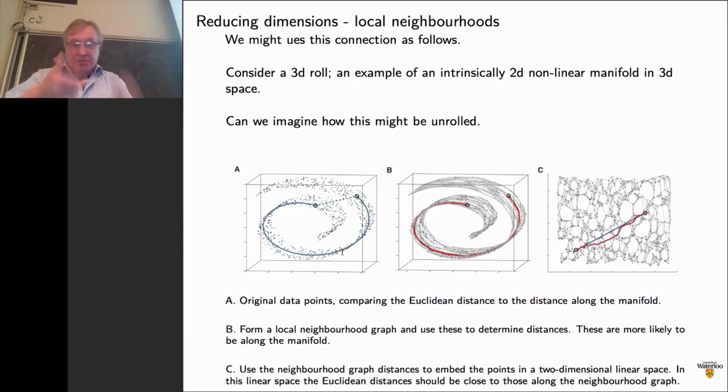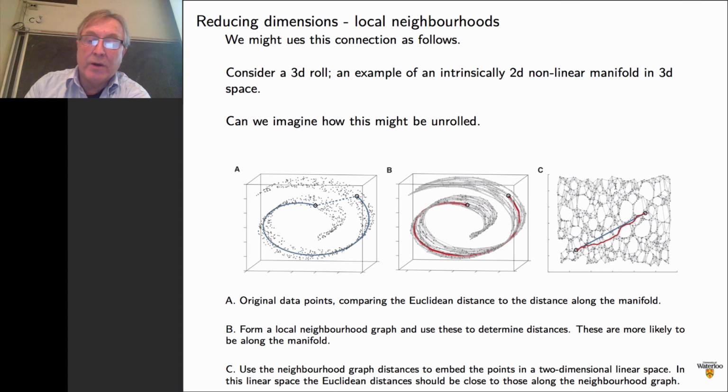So for example, in this particular instance taken from a paper, if we're looking at these points, there is the Euclidean distance between them as opposed to traveling along the manifold. Here I produce the nearest neighbor graph by some definition of nearest neighbor. I follow that graph to get the distance. I get the Gram matrix from the distances. I take the first two principal components and I lay them out here.